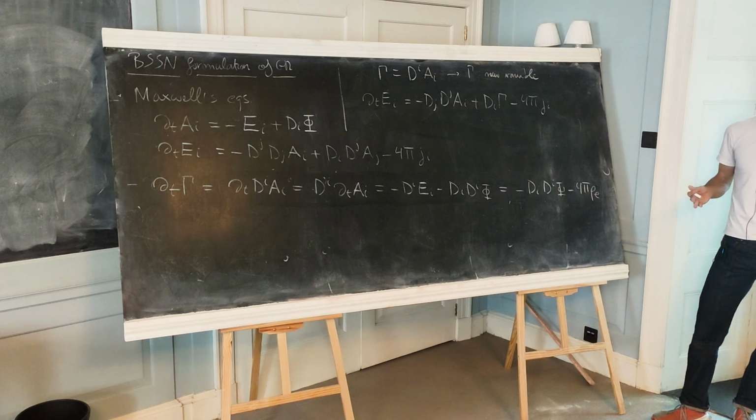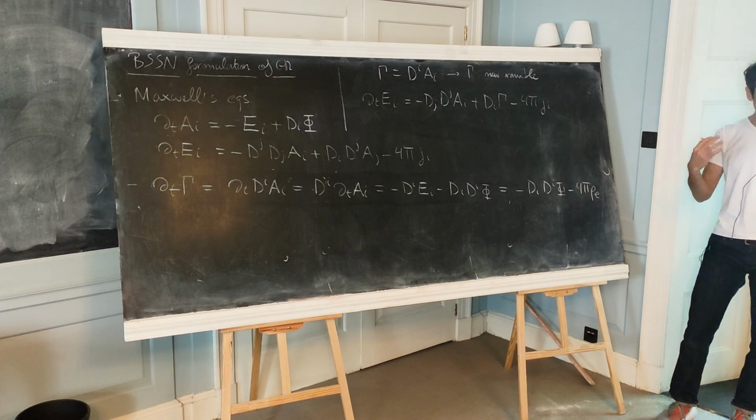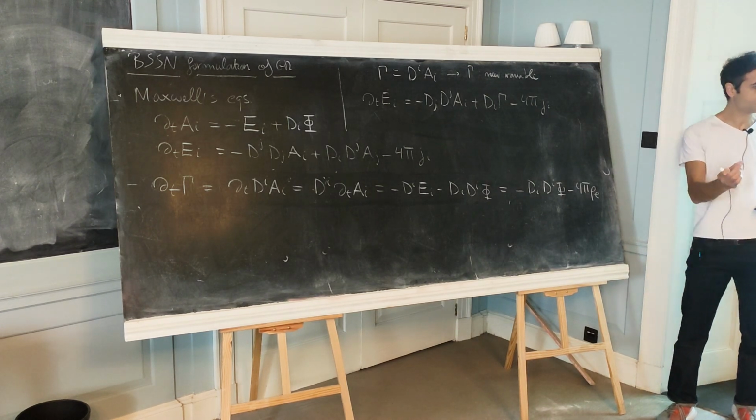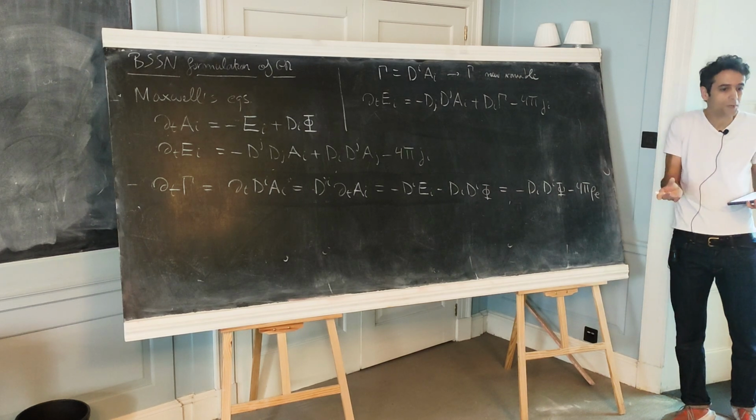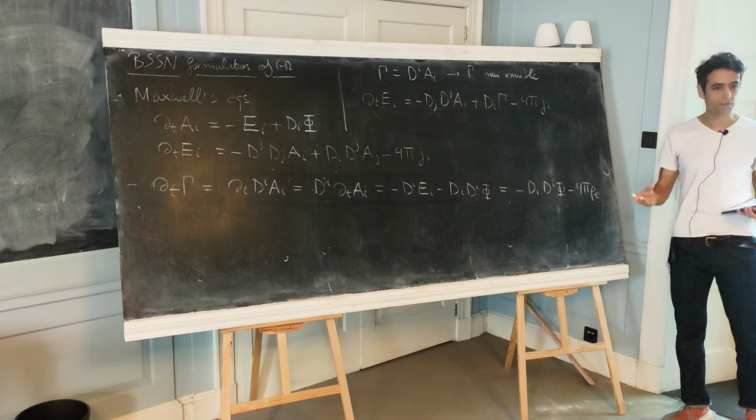Because when you do numerical simulations, you will always have constraint violations, basically because you approximate the derivatives by some discretized version of the derivatives. So this inevitably is an approximation, and this inevitably generates constraint violations.